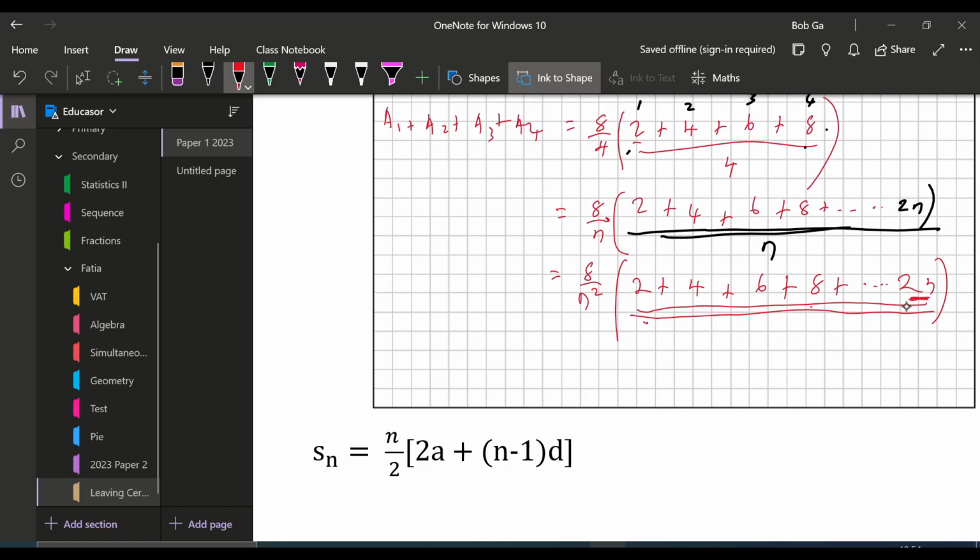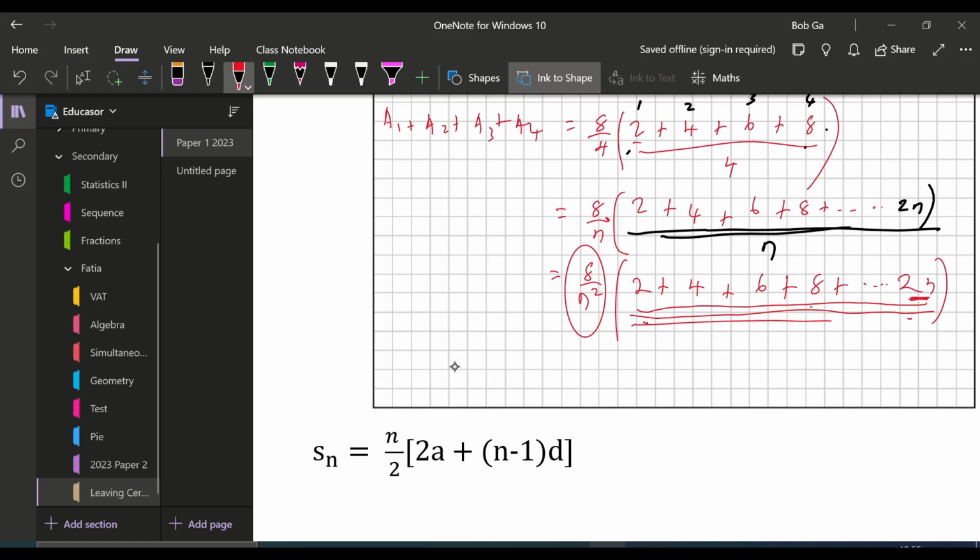To get that sequence, we need to use this formula to get what is inside this bracket, and then we can multiply by the 8 over n squared. So let's keep this one for a while and come back to it, and let's sort out this area here.